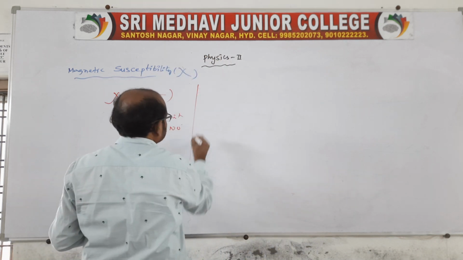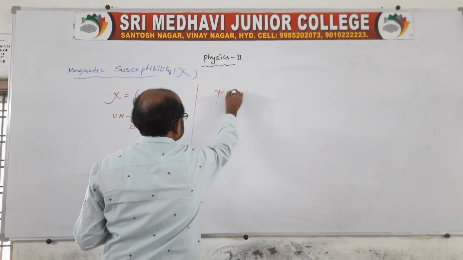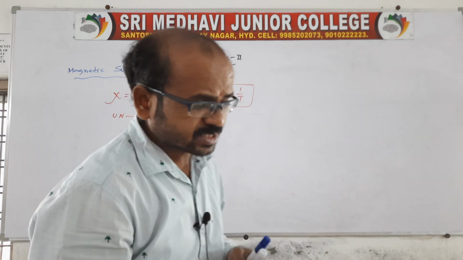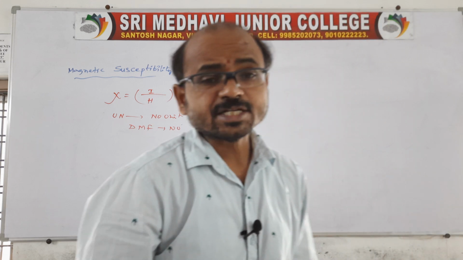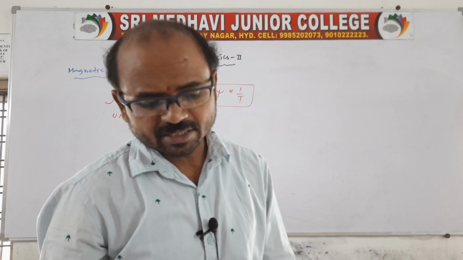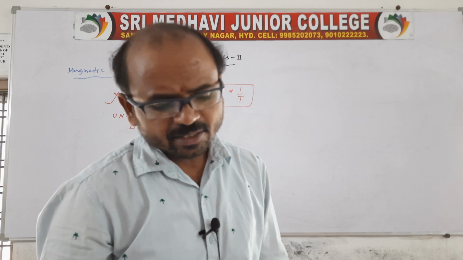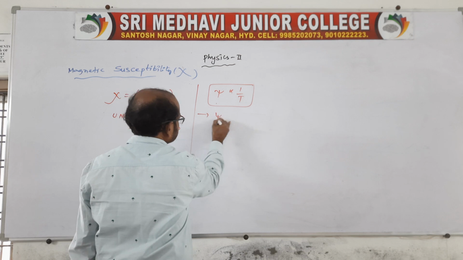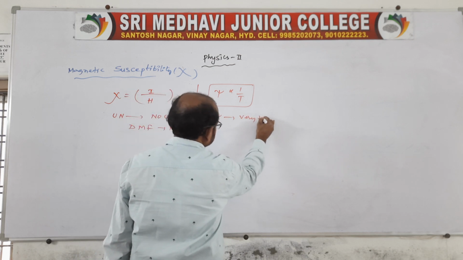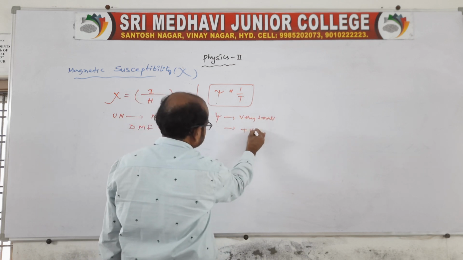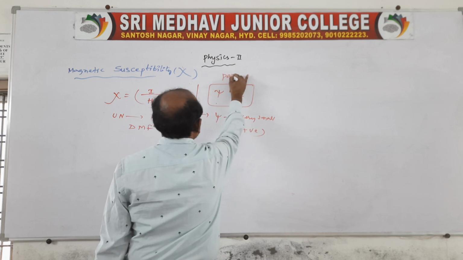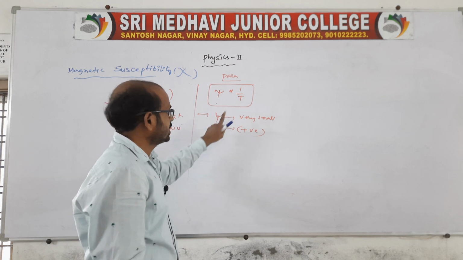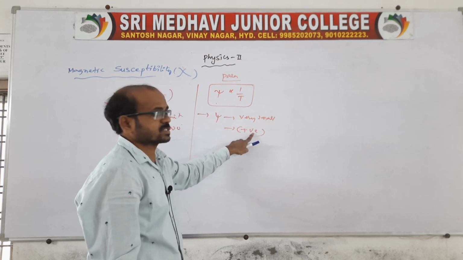For paramagnetic substances, Xi is inversely proportional to the absolute scale of temperature, capital T. Everyone remember this. And for paramagnetic substances, Xi is very small and positive.